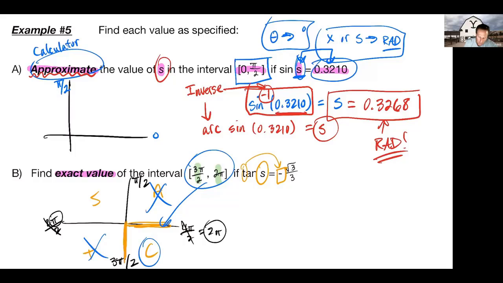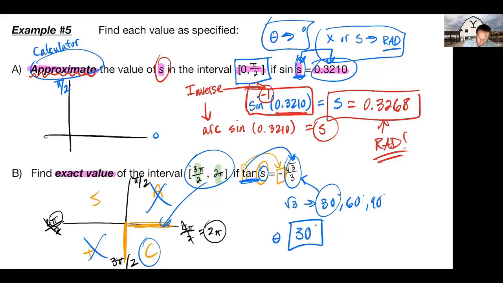And so all we have to figure out is what angle for tangent gives us √3/3. And if you have all these memorized, you know that because it has the √3 involved, that's in the 30, 60, 90. And remember, the 30 is much less than the 60, so that would be the 30-degree angle there because of the √3/3. So we know that we're dealing with a 30-degree what, though?